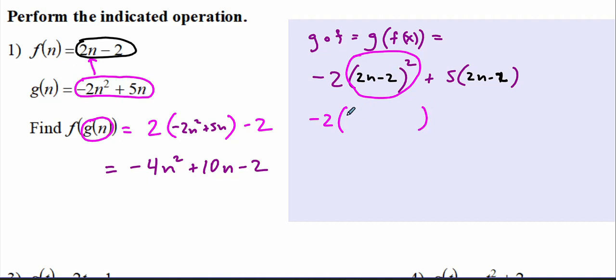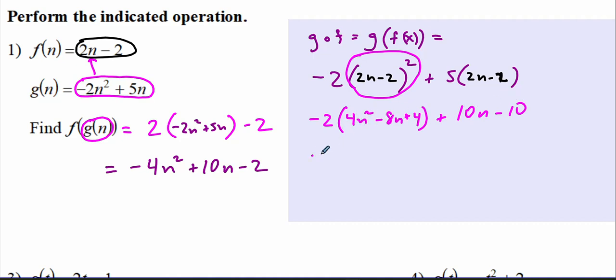So this is 4n squared minus 8n plus 4, right? Just opening that, and plus, in this case, this is just 10n minus 10.